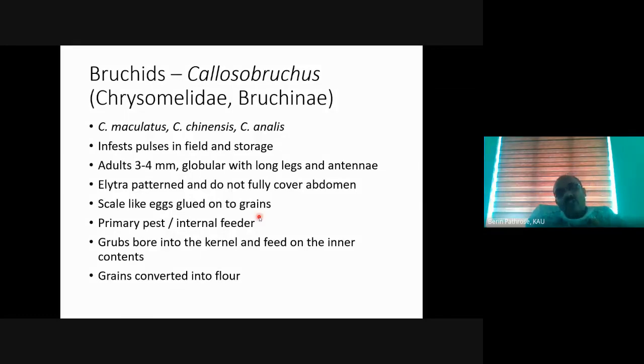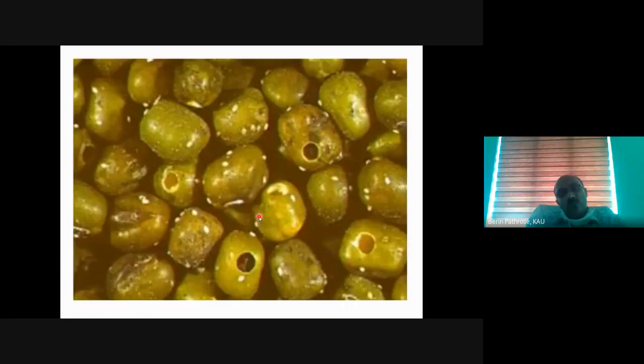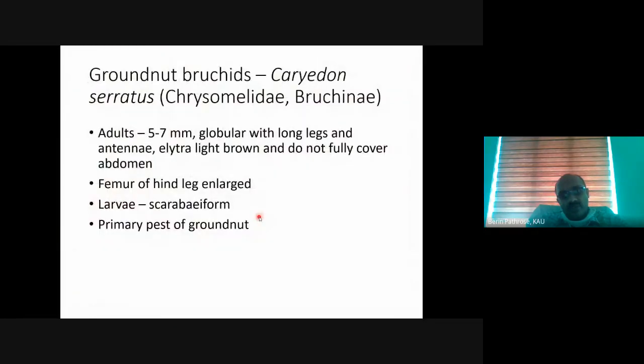Size is 3 to 4 mm, globular with long legs and antennae. The elytra is patterned and doesn't cover the abdomen fully. The grains will have scale-like eggs attached to them. It is a primary pest and an internal feeder. Only the grubs are damaging, adults are non-feeding, and grains will be converted into flour by the insect.